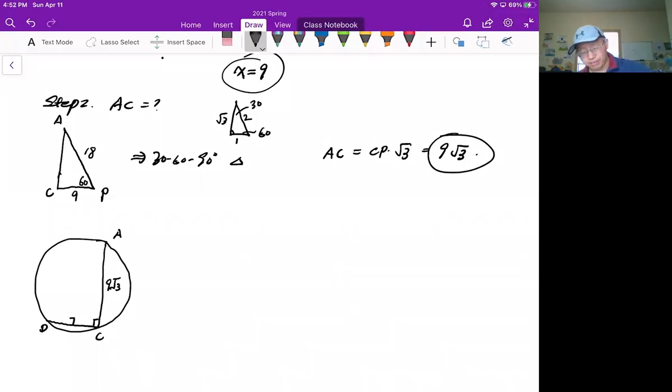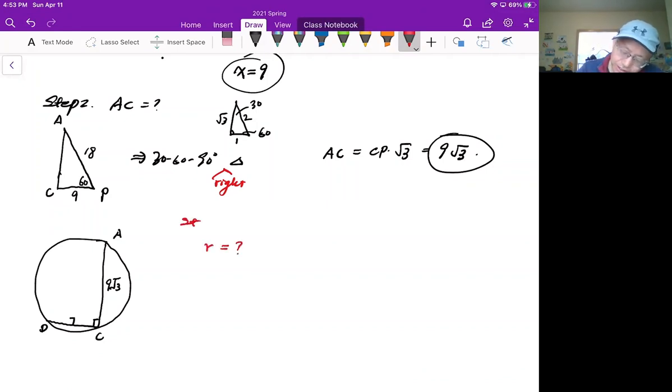Don't forget that. Why? Just because this side is right, so this is a 30, 60, 90 right triangle. So if this angle is 90 degrees, then the complementary angle is also 90 degrees, right? Okay, now, based on this picture, how do you find the radius of that circle?